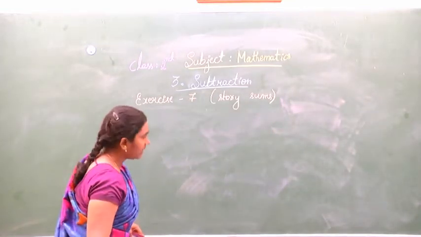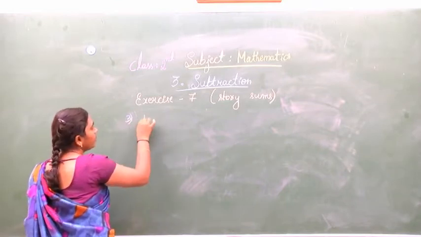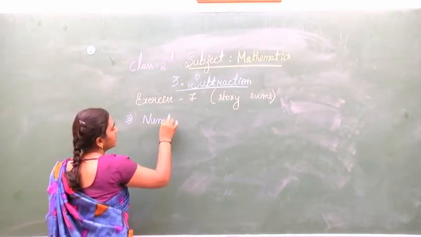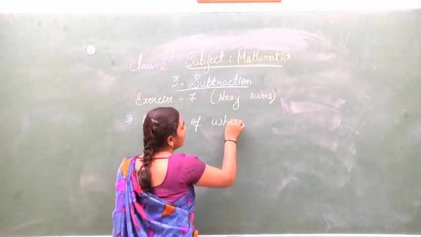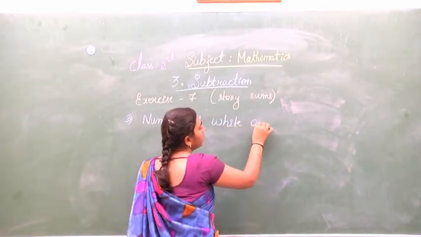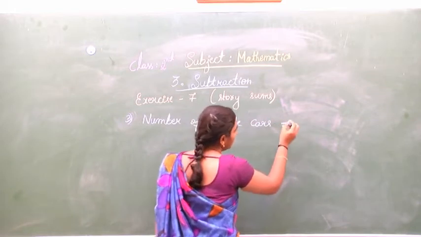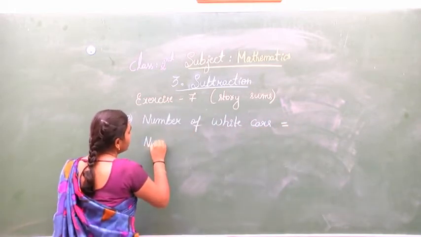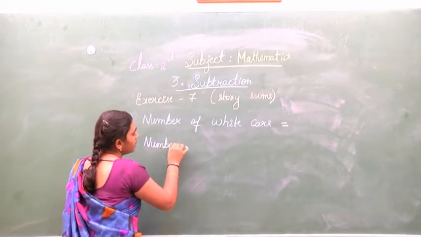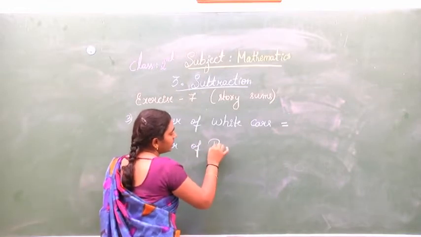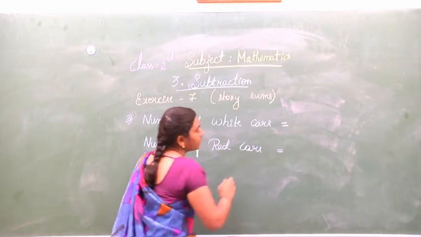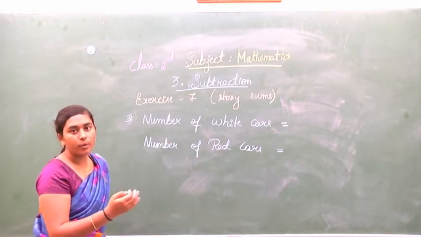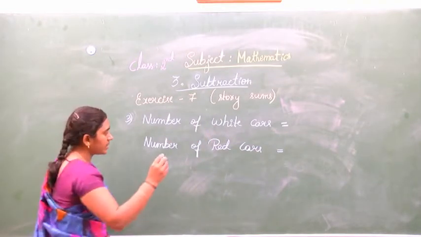First sentence is number of white cars, right? Second one is number of red cars. Last, how many fewer red cars they are asking.